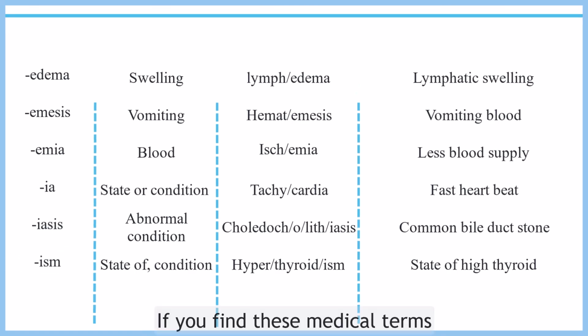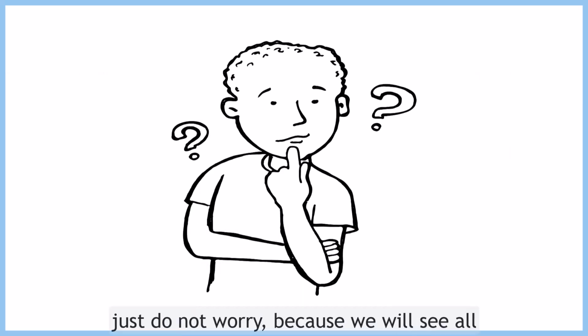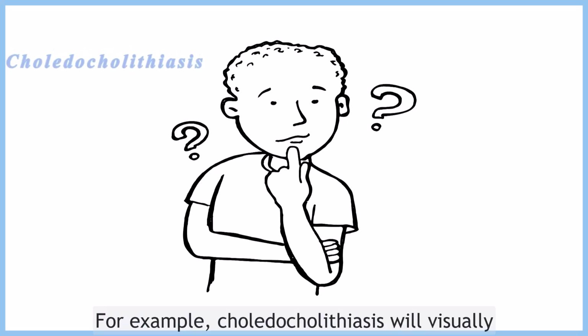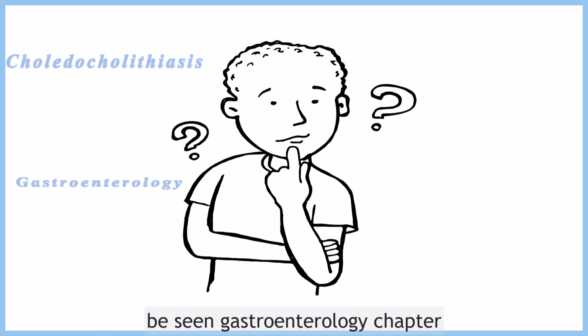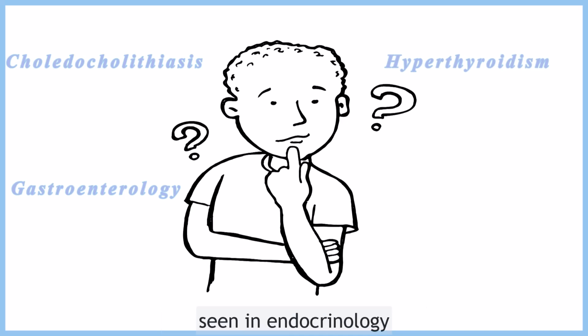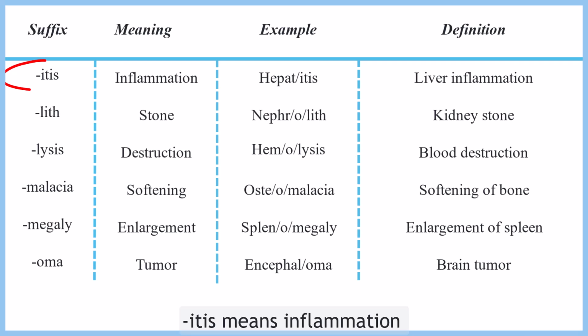If you find these medical terms difficult to understand, just don't worry, because we will see all of them in their relevant medical specialties. For example, cholecystolithiasis will visually be seen in gastroenterology chapter, while hyperthyroidism will be seen in endocrinology. Itis means inflammation.